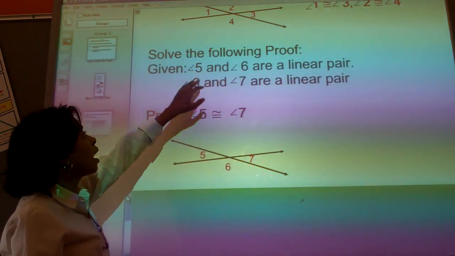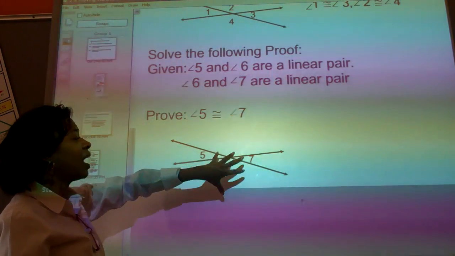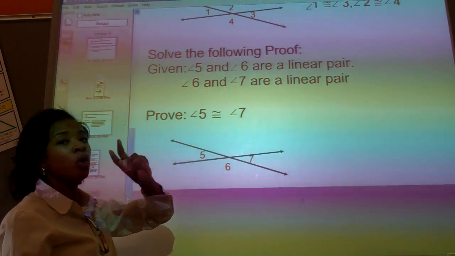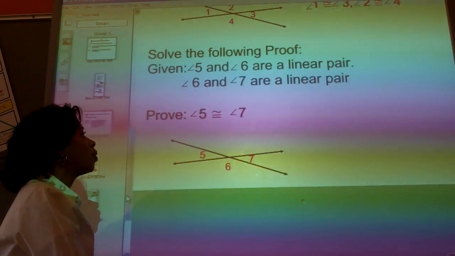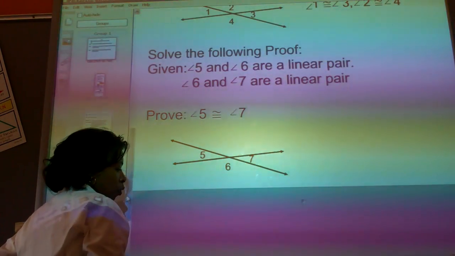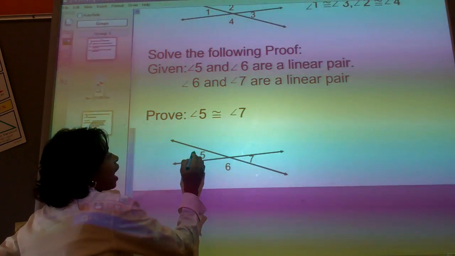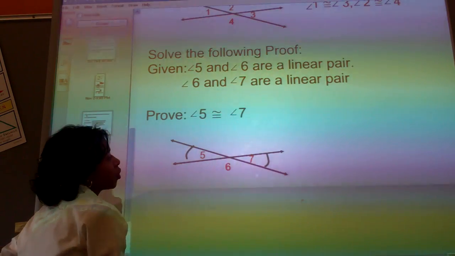So now we have the given, written, and a pictorial diagram. We move on to step 2, which states that we need to think about what we need to prove. We need to prove that angles 5 and 7 are congruent.